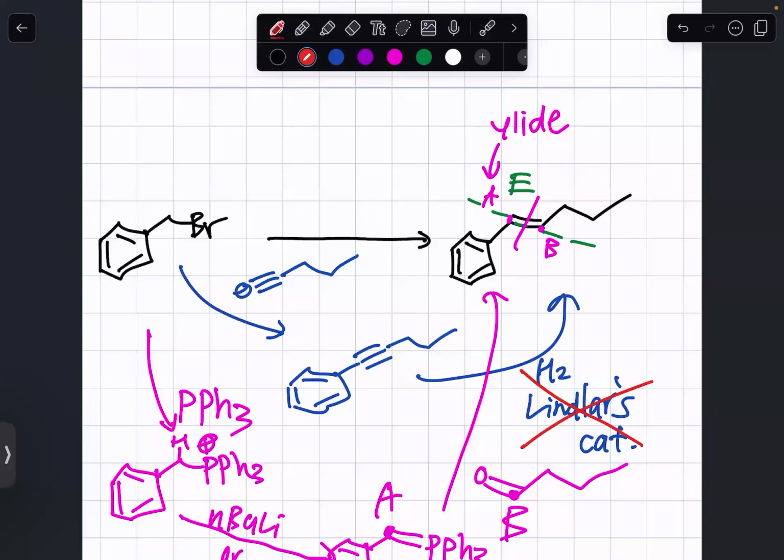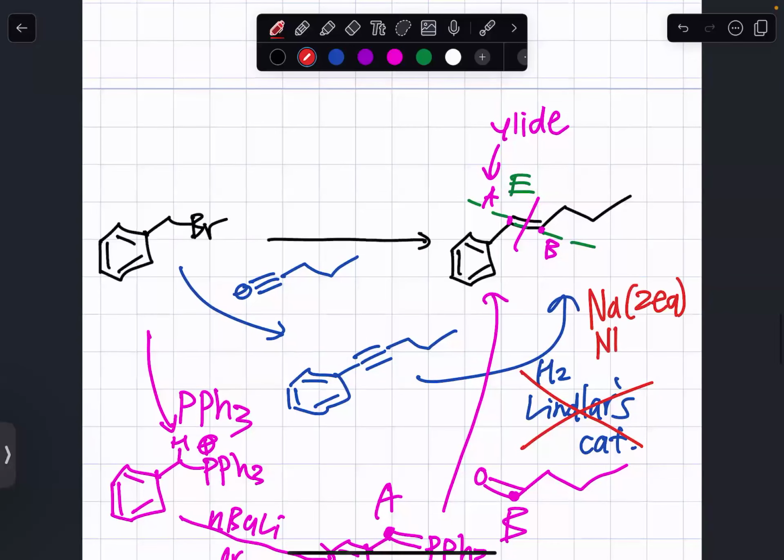Is it NaBH4? No, that's a reducing agent. It's going to be sodium metal, at least 2 equivalents, and then liquid ammonia. That's right, elemental sodium with that radical there. I completely forgot about that.